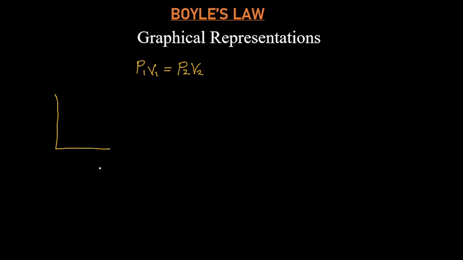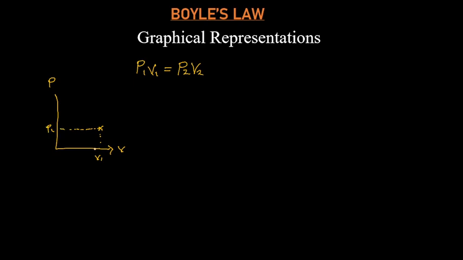When we have a particular volume, say V1, let this be volume, and this pressure, particular volume V1 over here, and then we have a particular pressure P1. So let this be P1.